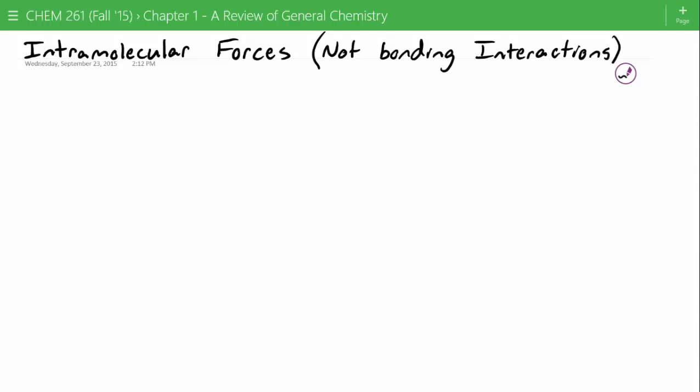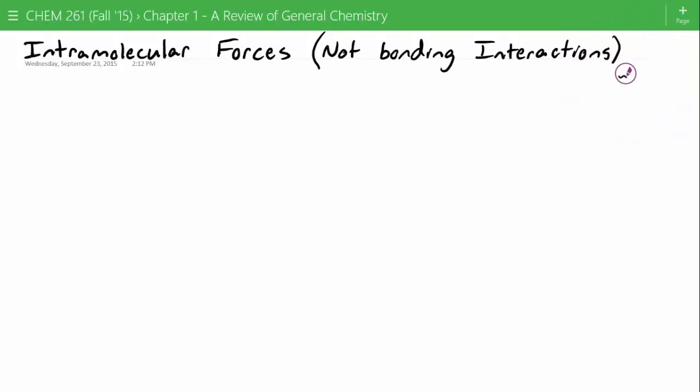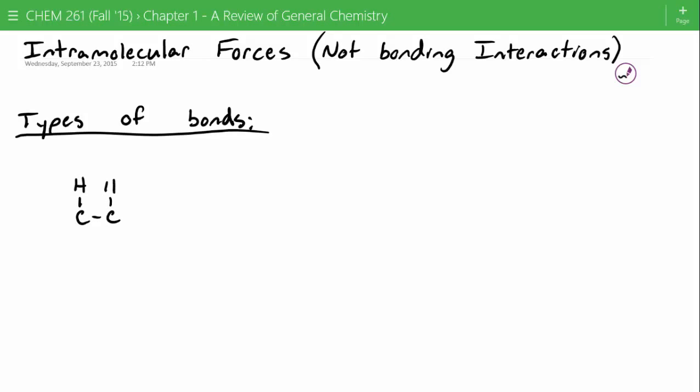So let's talk a little bit about types of bonds before we get into these. All right. So the first type that we've already covered would be something like ethane, where we've got all single bonds.